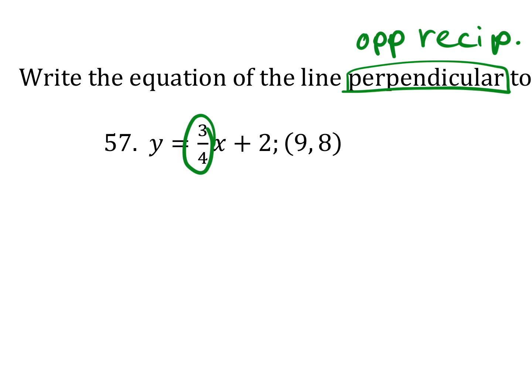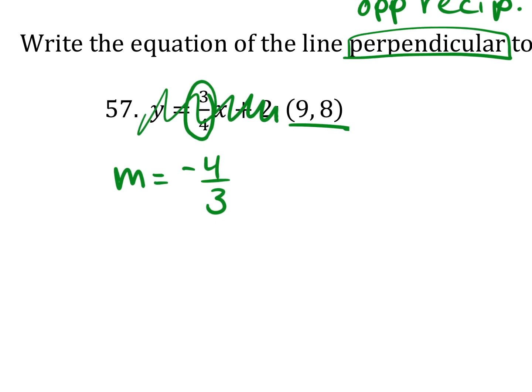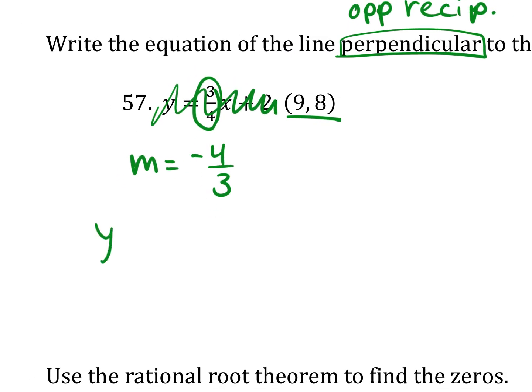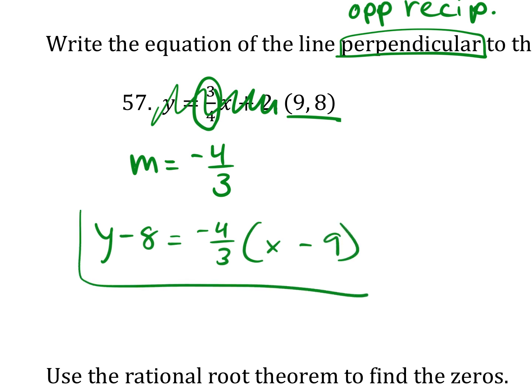It is 3 over 4, but our slope of the new line would be what? Negative 4 over 3. So now we can ignore the line. We're just going to use the point and our new slope. So we have y minus y1 is equal to m, so negative 4 over 3, times x minus x1, which is 9.